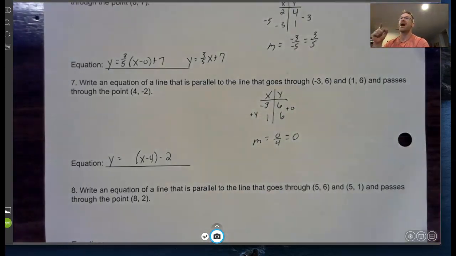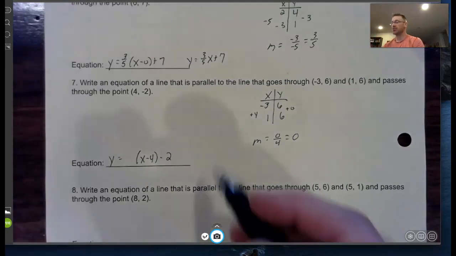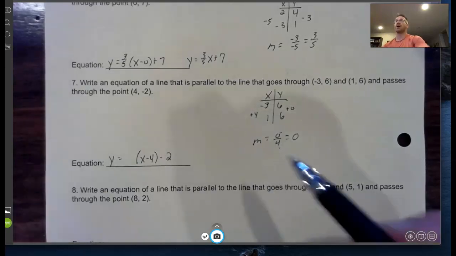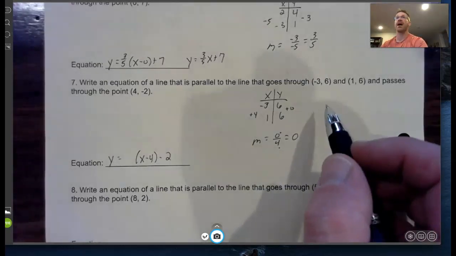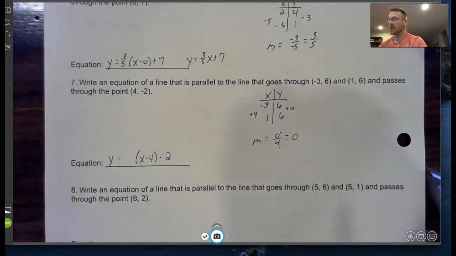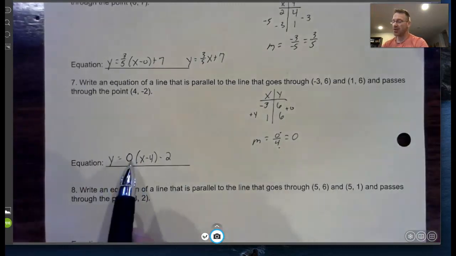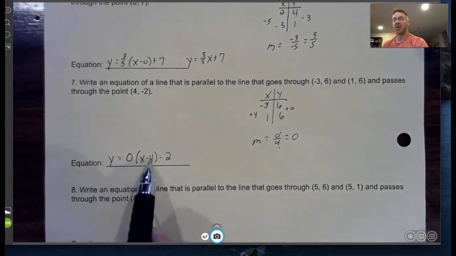And so I've got to think about what kind of line that is. All right, so what kind of line has a slope of 0? All right, so that means that there's no rise, there's only run. So that means that we are horizontal. And once again, if it's a horizontal line, we know that's y equals a number. Notice in this case, if I plug the 0 in here, 0 times, all of this is 0.